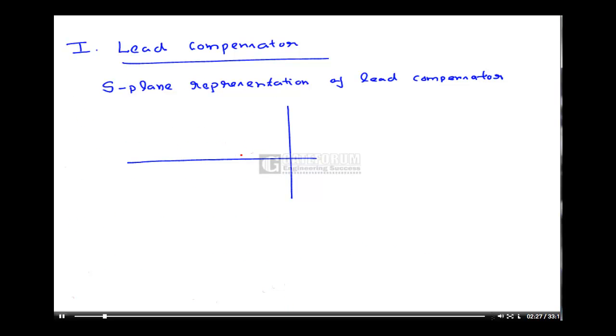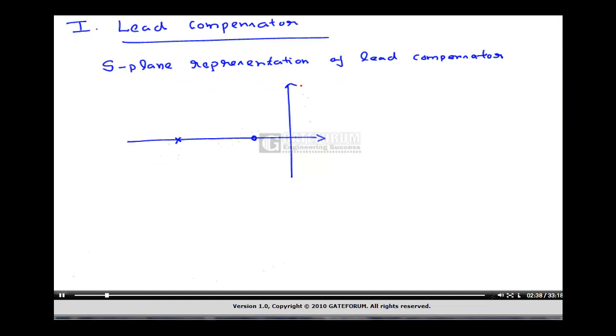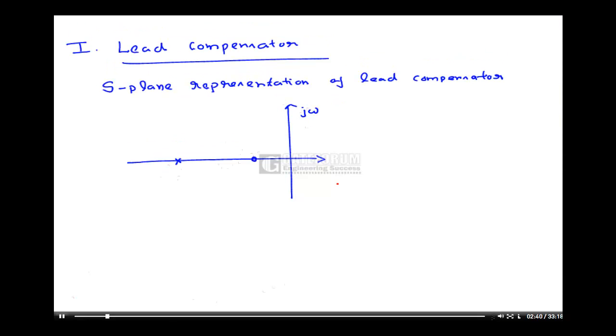In this, the zero is near to the origin, and the pole is away from the origin. On the j omega axis and sigma axis, minus Zc equal to minus 1 by tau, some constant, and minus Pc, which is the pole of the compensator, is minus 1 by alpha tau.